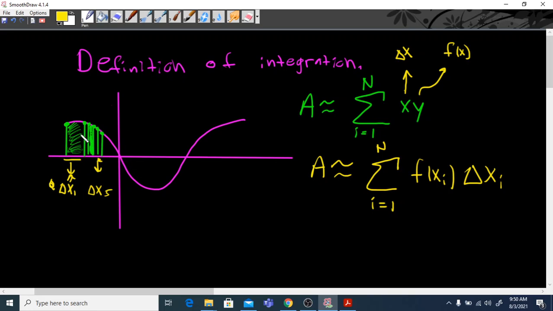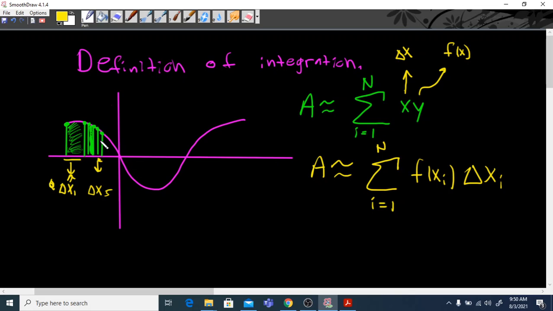The reason these are different is just because these widths are different. And in AP, it is common for problems to have uneven widths. That is actually more common than the other case, which is even widths. So please keep that in mind when you're doing approximation problems like this.